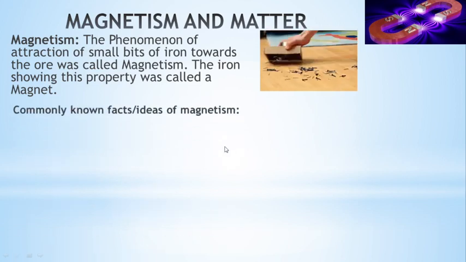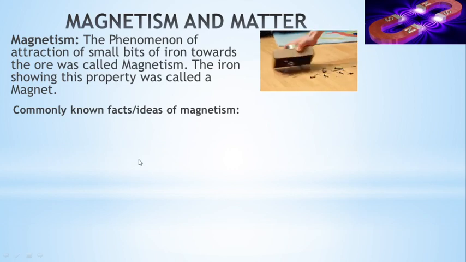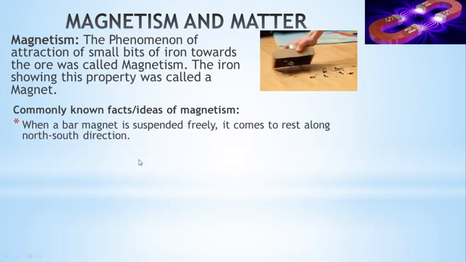Okay, about this magnet, you already know something. Let us revise the facts or ideas which you have learnt in your earlier classes. The first one, when a bar magnet is suspended freely, it comes to rest along north-south direction.